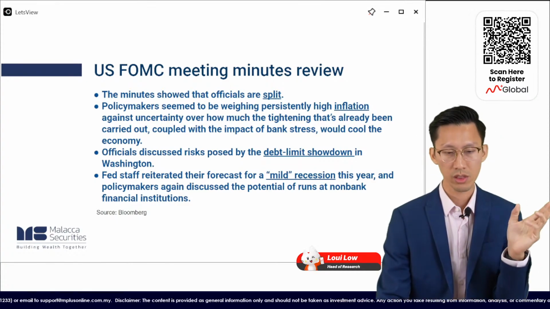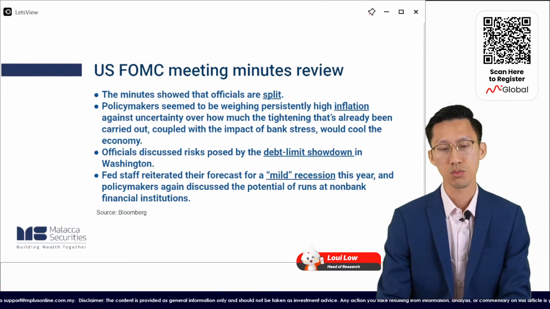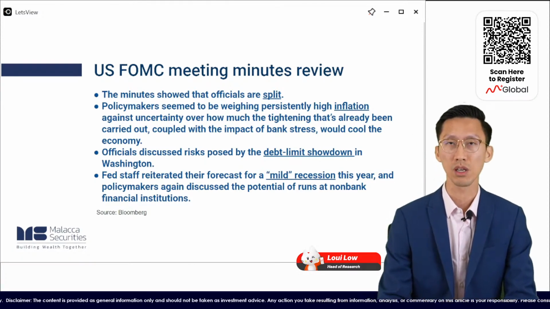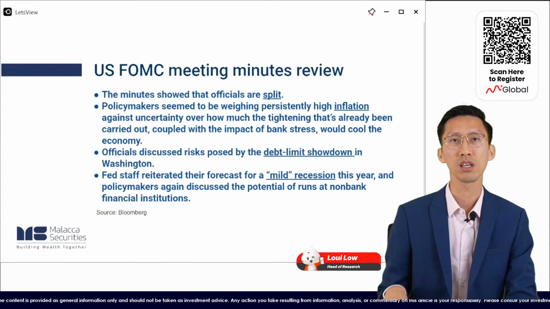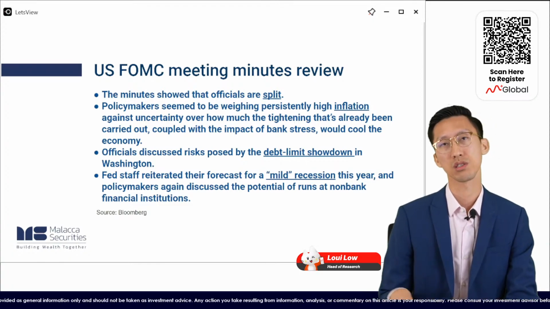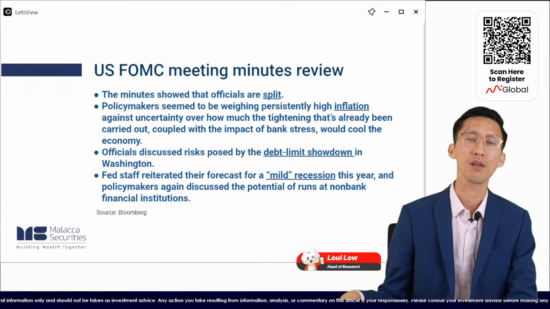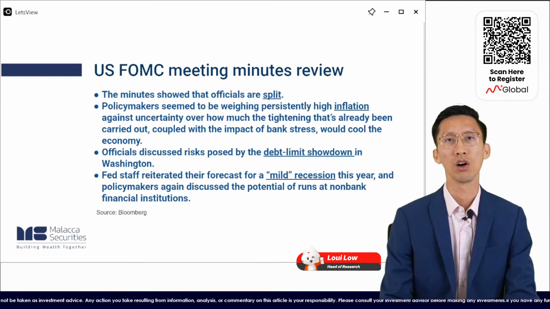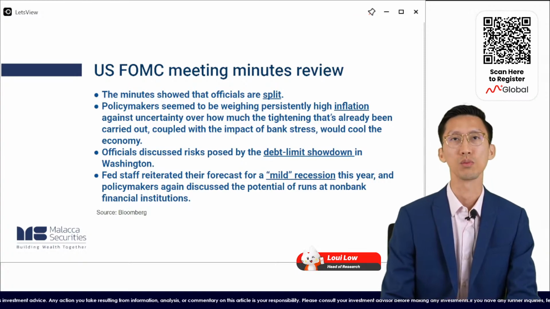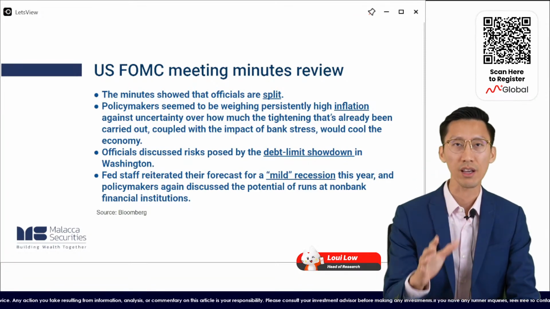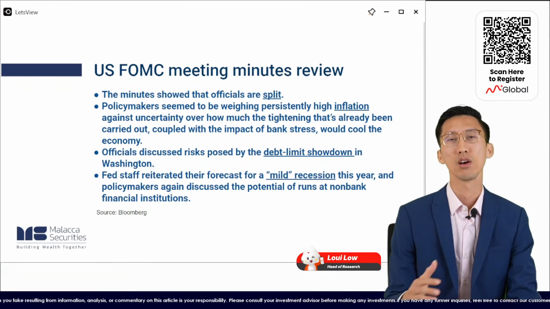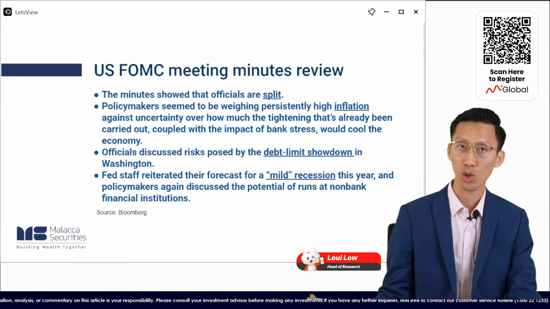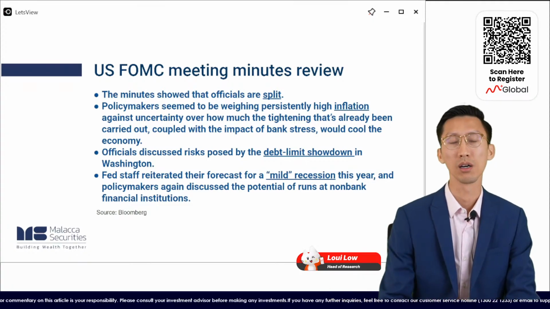Third thing, officials discussed the risk posed by the debt limit showdown in Washington, which means the debt ceiling issue is definitely key to all these events going forward. If they can't reach a deal on this debt ceiling issue, perhaps that will affect a lot of financial markets out there, or even some of the debt holders.